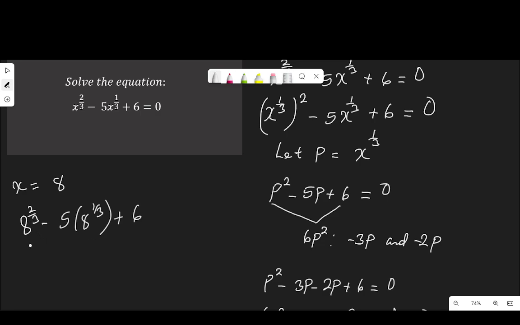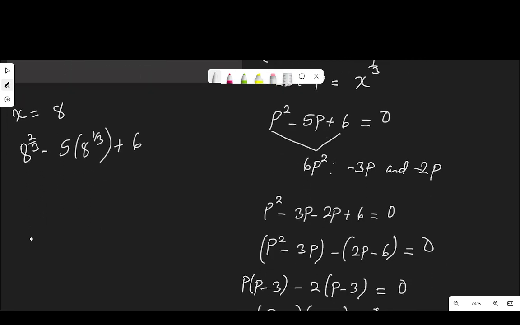8 to the power of 2 over 3, that will be the cube root of 8, then to the power of 2, minus 5 multiplied by the cube root of 8, then plus 6. The cube root of 8 is, sorry, it's 2, right?